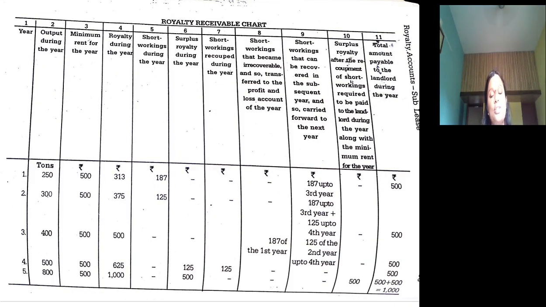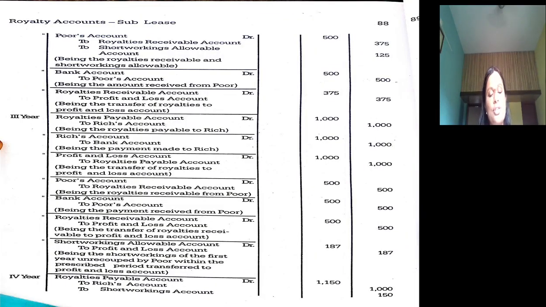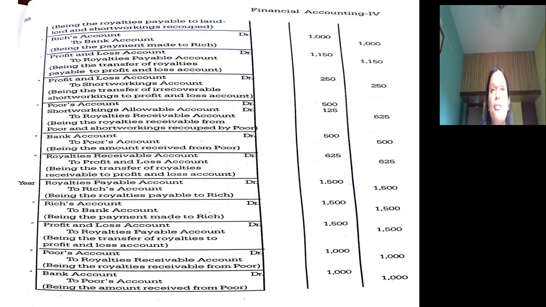Fourth year, just look at the situation. Royalty is more than the minimum rent. There is excess. Excess is used to recoup the short working. So what's the journal entry in the books of sublessor? As there is recoupment, the entry is: sublessee's account debit, short working allowable account debit, to royalty receivable, 500 to the extent of minimum rent, then 125 to the extent of recoupment of short working.